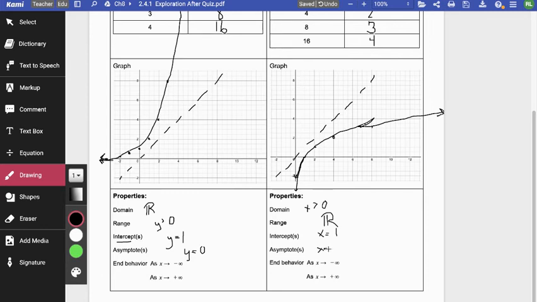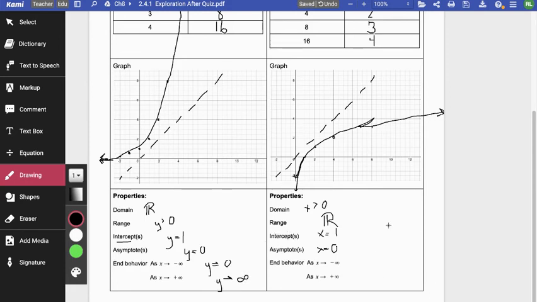It's never going to pass that y-axis. You'll notice as x goes to negative infinity, y is going to get closer and closer to 0. And as x is going in the positive direction, y is also going to go to infinity.